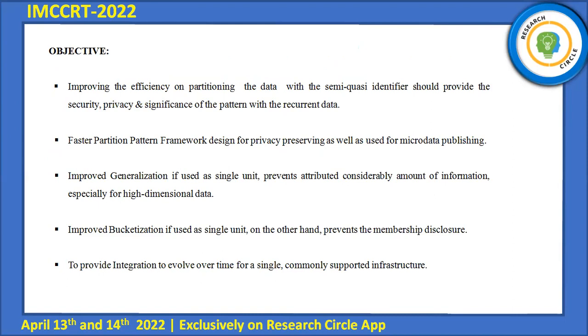We can do that. The main objectives of choosing this area are many. To list a few, I have added certain things here. We can use a partial quasi identifier or full quasi identifier. The main intention behind this is that the pattern and behavior should be identified, and the recurrent data can be stored, analyzed and understood by the analyst so that we can come to a conclusion.